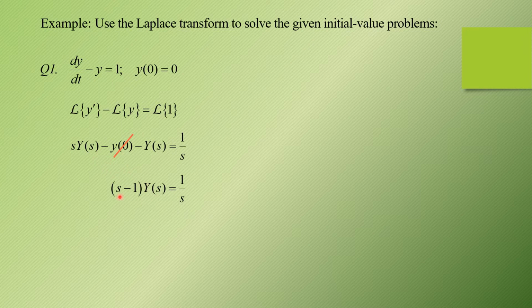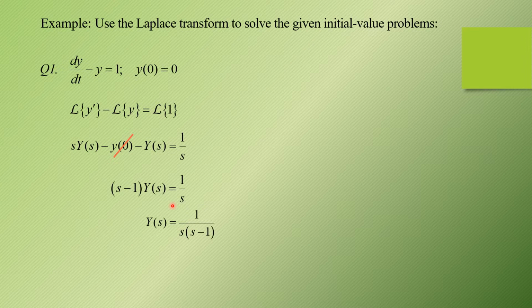Inside this bracket, we write down the coefficients of Y(s). For the first term, the coefficient is s, and for the second term, the coefficient of Y(s) is negative 1. So (s minus 1) Y(s) is equal to 1 over s. From this differential equation, we have converted it to an algebraic equation in s.